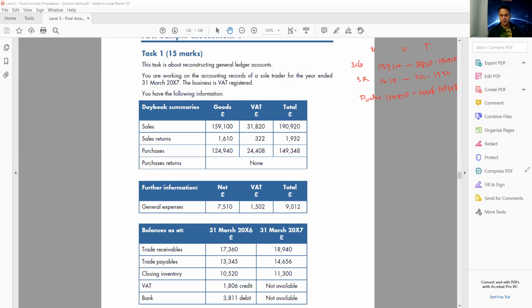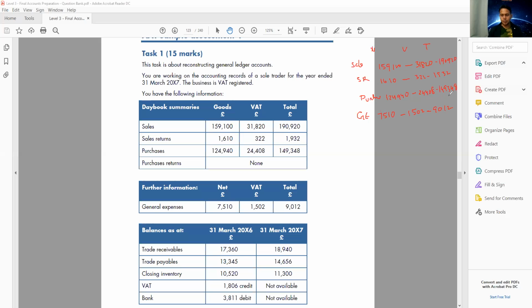Okay, so this is for our day books. Then you have further information. You can see general expense. General expense net is 7,510, VAT is 1,502, and the total is 9,012.